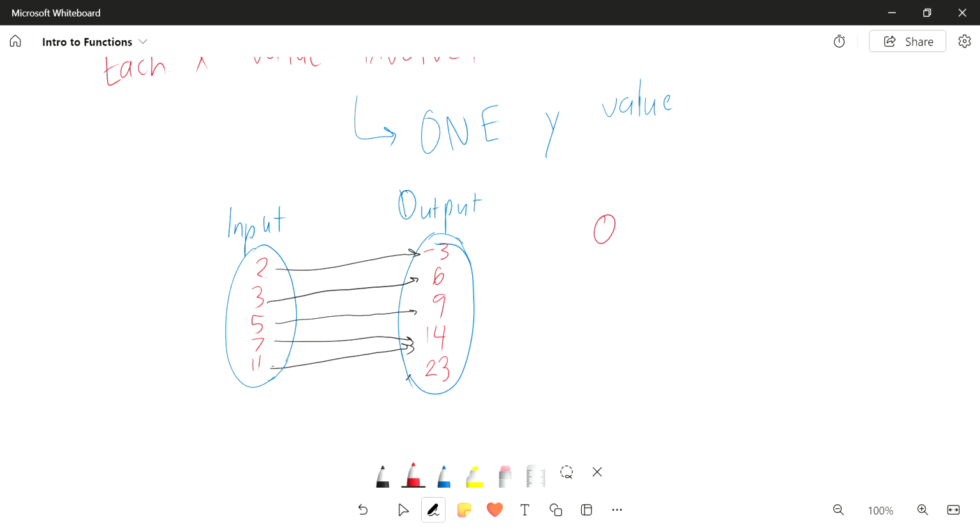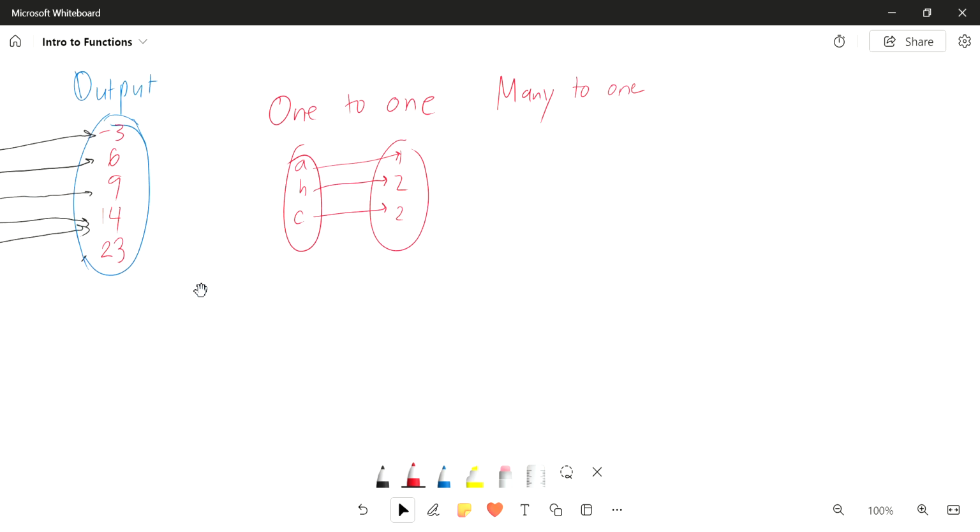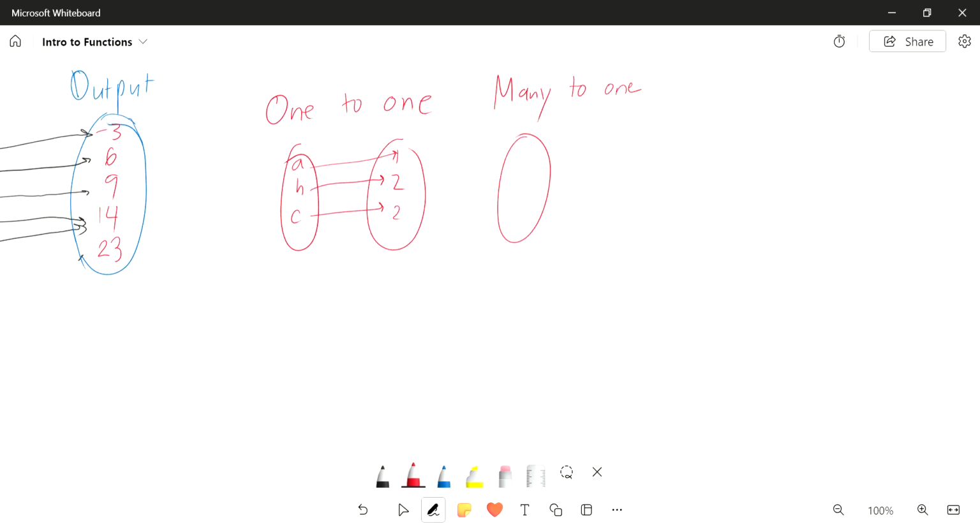So the first one we saw is 1 to 1, which means that every input, we'll just say A, B, C, has one output, 1, 2, and 3, and they're all different outputs. Many to 1 is also a function because even though many different inputs lead to the same output, each input will only point to one.